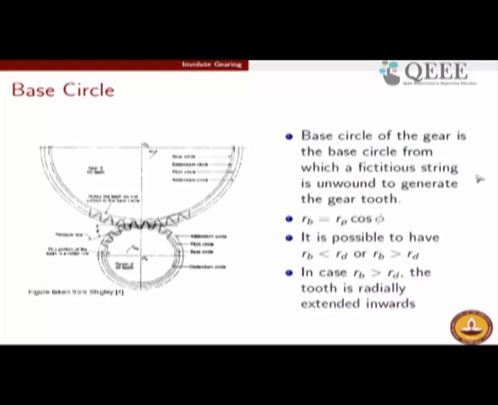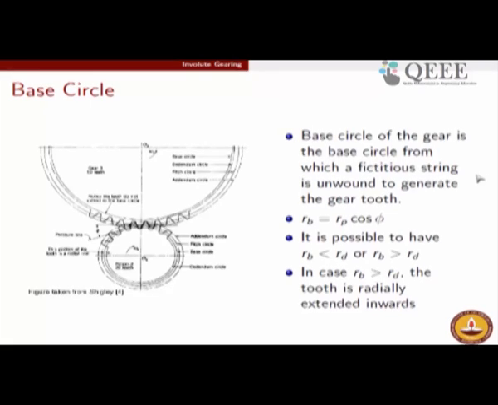So, in case the dedendum circle is below the base circle, there is a portion precisely between the base circle and the dedendum circle where the tooth profile is technically not an involute. It cannot be an involute, because involute cannot be present in the portion below the base circle, right.